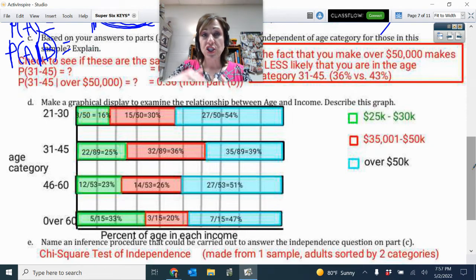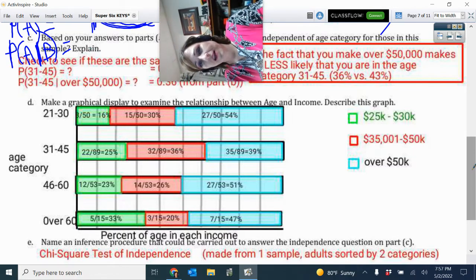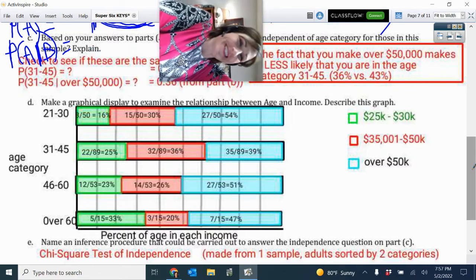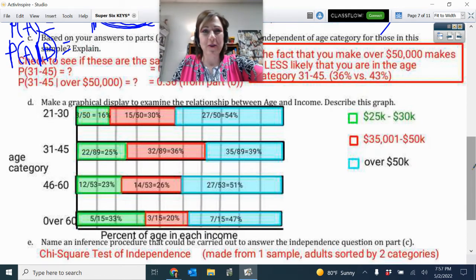So in this case, to do multiple age categories and multiple incomes, I had to do this segmented or stacked, whichever way you drew it, and you could do it sideways, or whatever.